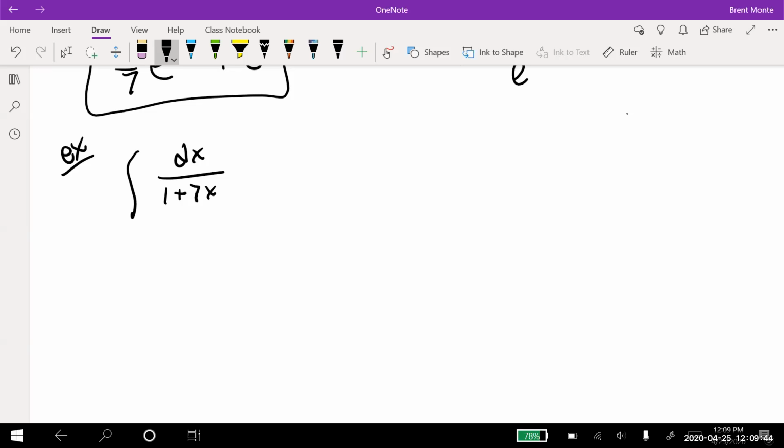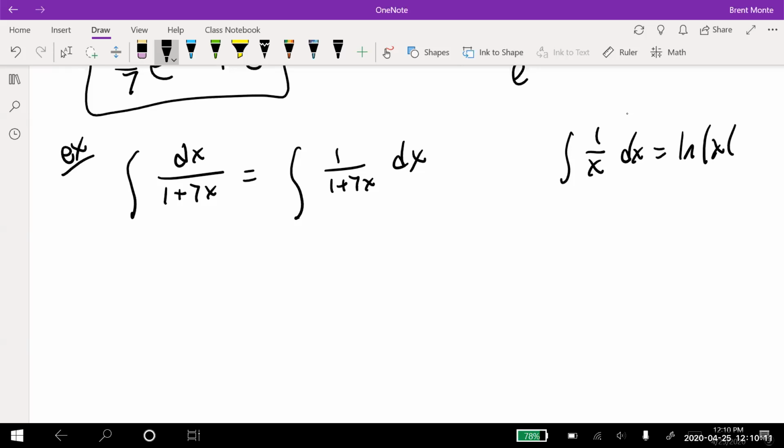Well, what I want you to realize is that dx on the top, we can rewrite that just as 1 over 1 plus 7x, and then put the dx on the outside. And this may not look familiar to you, but you should get to the point where it does, because remember, if I integrate 1 over x dx, I get the ln of the absolute value of x.